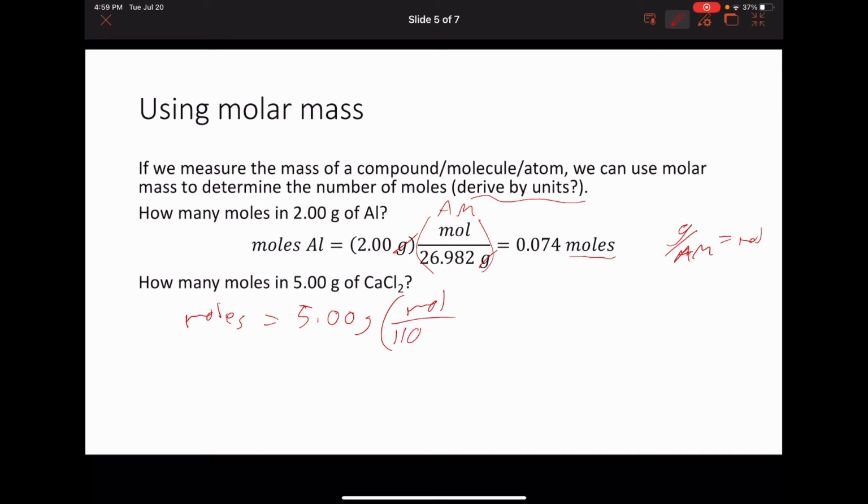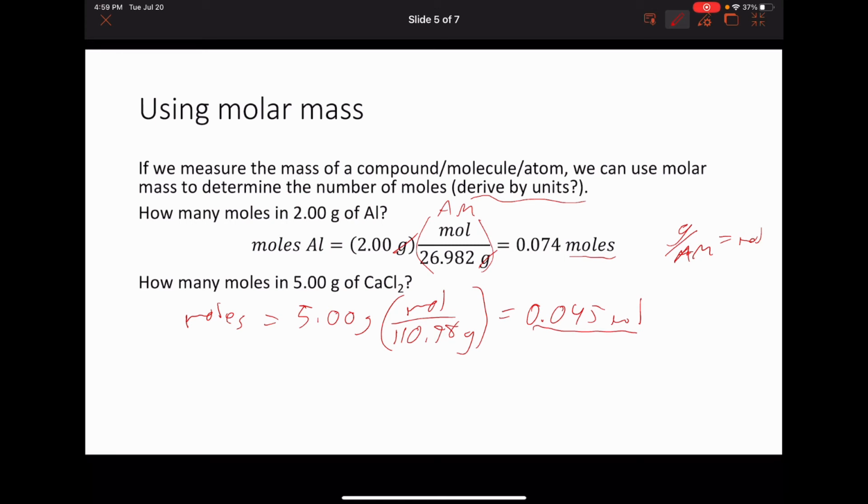It was 110.98, if I can remember that correctly, right? And that's our grams divided by molar mass. And so 5 divided by 110.98 is 0.045 moles. And that would be the number of moles of calcium chloride.